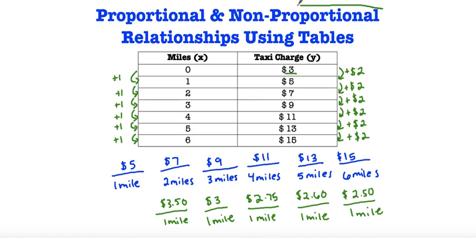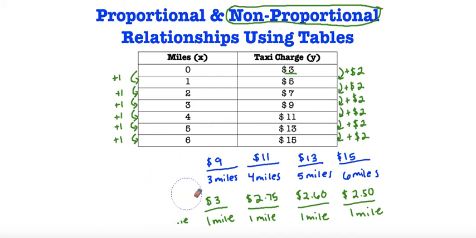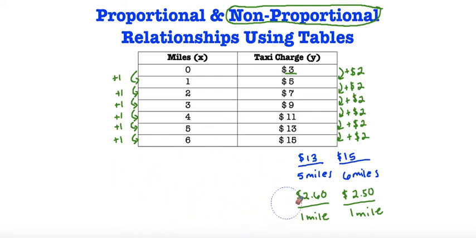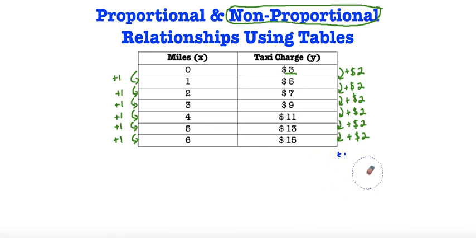However, we could still come up with an equation to represent this relationship. We know that the cost is consistently increasing by $2 per mile. So y is going to equal 2x because our miles cost $2 each, plus our initial fee of $3.